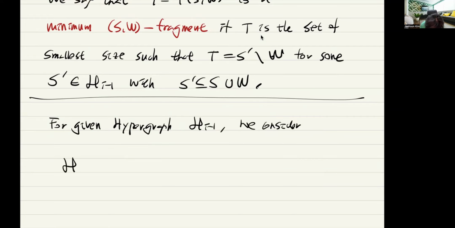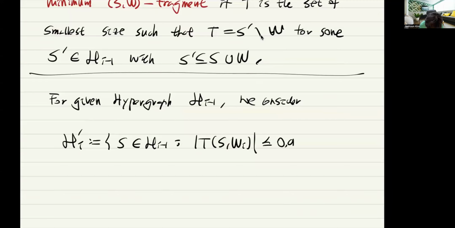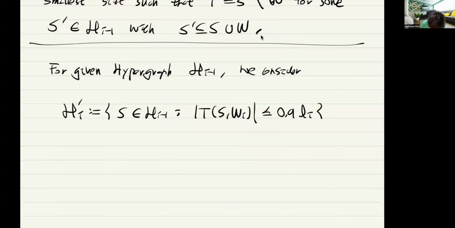One is H prime i, where you consider all the edges whose minimum fragment, according to the chosen W_i, is the S_{W_i} minimum fragment, and if that is more, then you put the edges in H prime i.